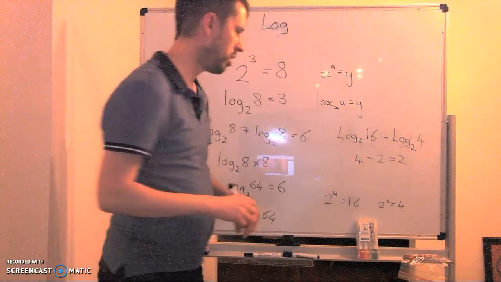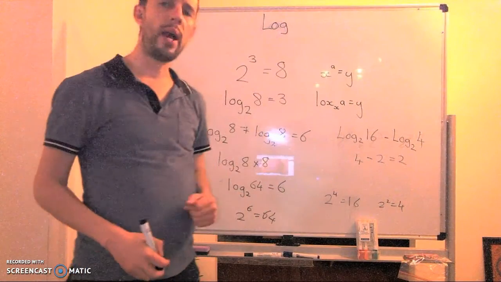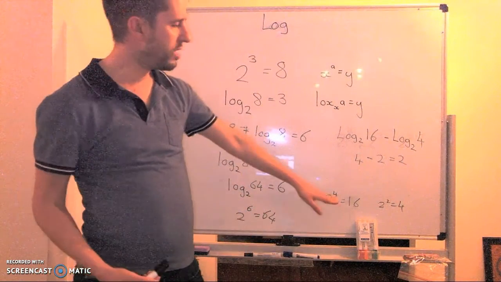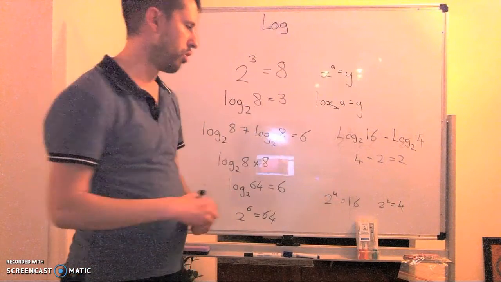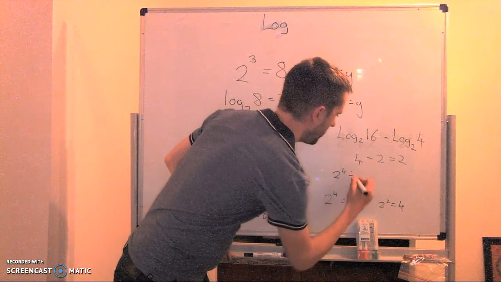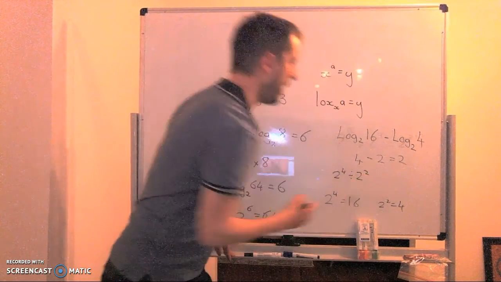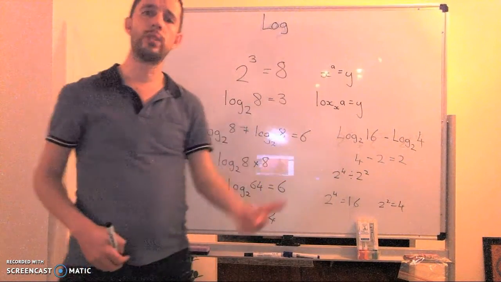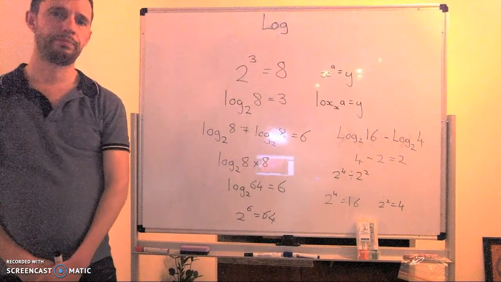So really, when we're taking away log, it's like we are dividing. So we're dividing out with our index log. That is saying we've got 2 to the power of 4, and I'm dividing by 2 to the power of 2. So now our rule's starting to come into effect.